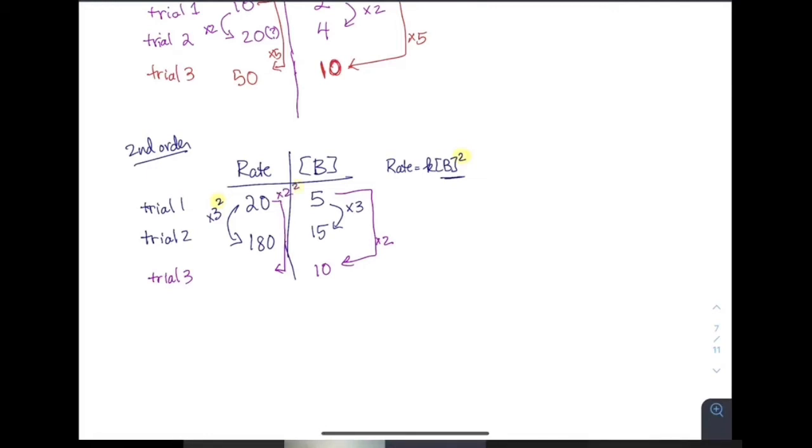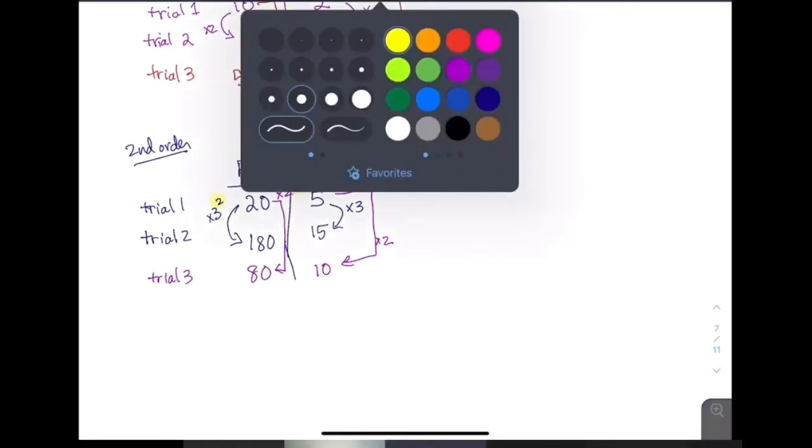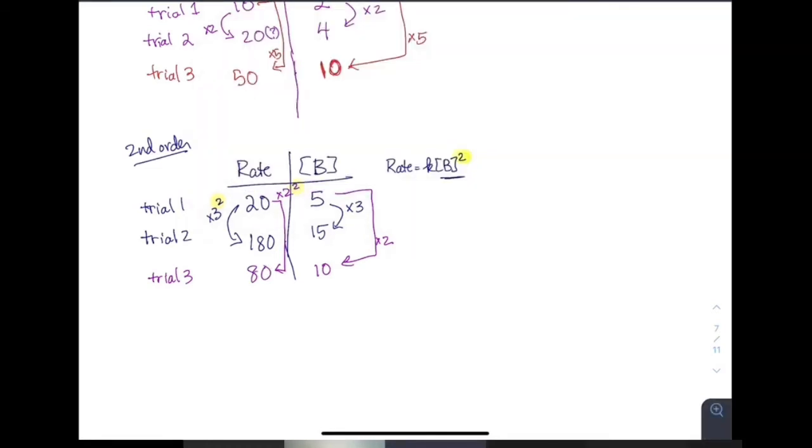So the squared, again, is that order, and 20 times 2 squared is 80. And that's exactly what you would find if you solved for K in trial 1 and used it to calculate the rate in trial 3.